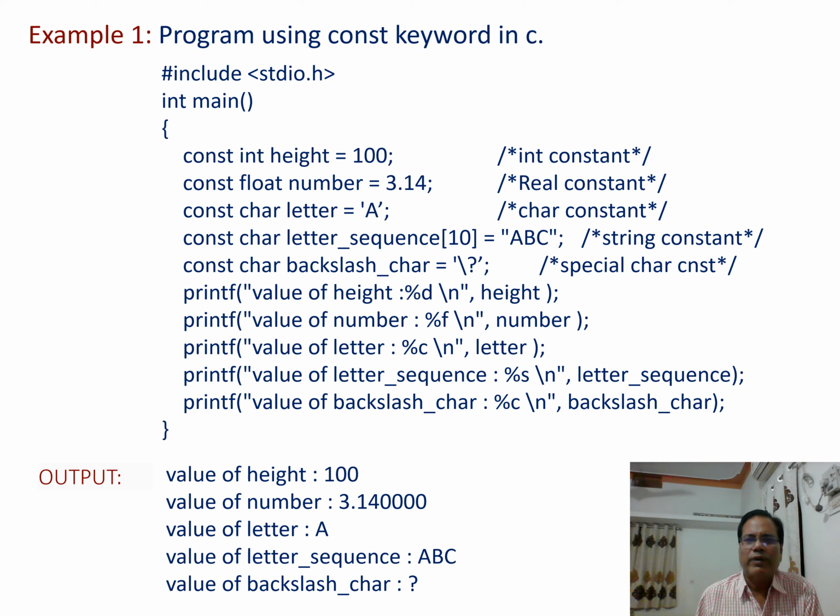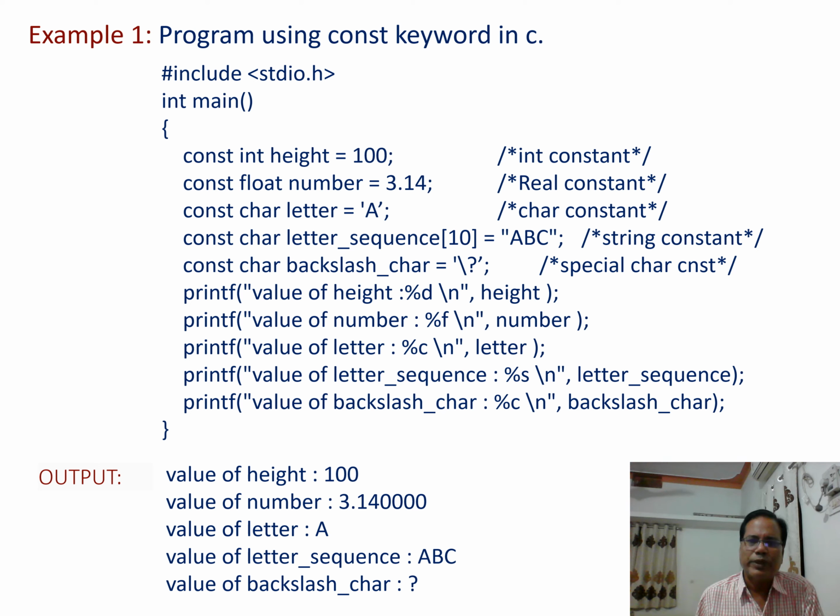Then the value of letter, the character constant. Here the character constant is 'A', so that gets printed, and using the next printf statement, the string ABC gets printed. And at the last, the value of the backslash character constant, here backslash question mark.